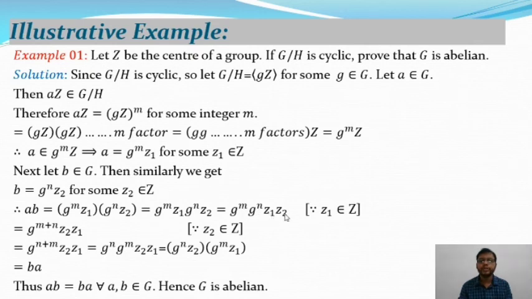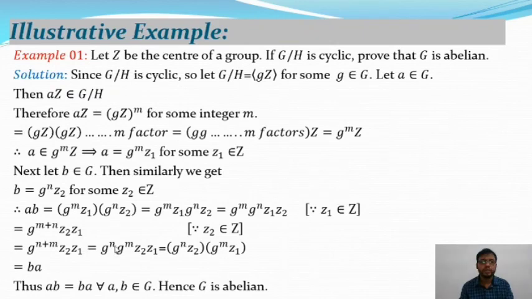As well as z2 is in the center of the group, so it can be written as g^(m+n) z2 z1. Then from this we get g^(n+m) z2 z1.